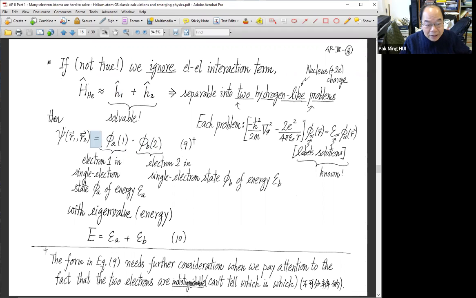If we make this approximation to the full helium atom problem, then it is a first step, okay? And if we only look at these two parts, then the energy adds. So this is the separation of variable argument.